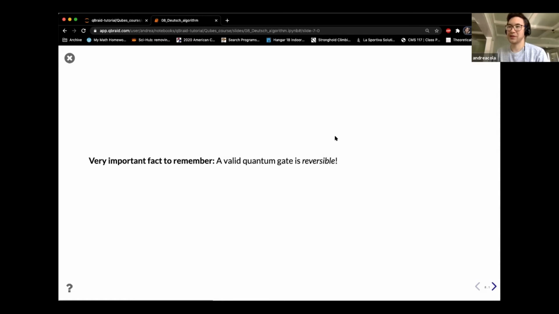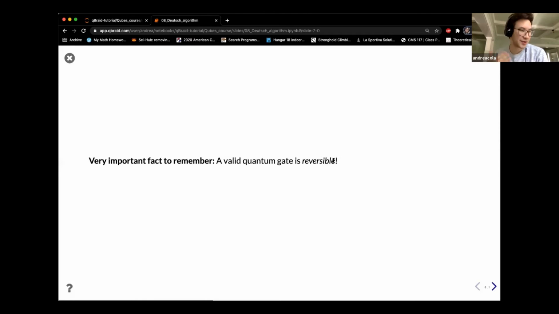Just before I move on, to summarize, one important fact to remember about the discussion we've just had is that, if you forget about unitarity or anything like that, the one thing that is really important to remember is any valid quantum gate has to be reversible.